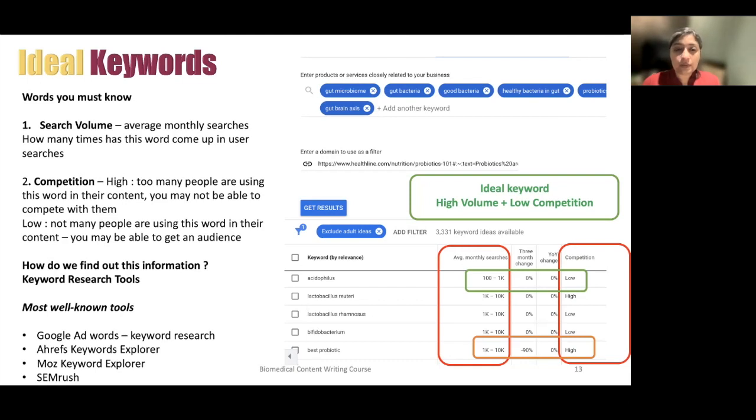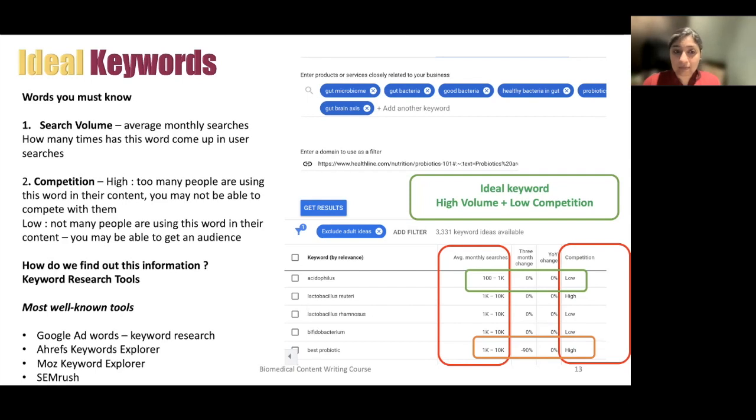The search volume is the average monthly searches, or how many times this word has come up in user searches in a particular search engine. Competition can be high or low. When we say that the competition for this keyword is high, we mean that too many people are using this word in their content and you may not be able to compete with them. Whereas low competition means that not many people are using this word in their content, so you may be able to get an audience by using these words.